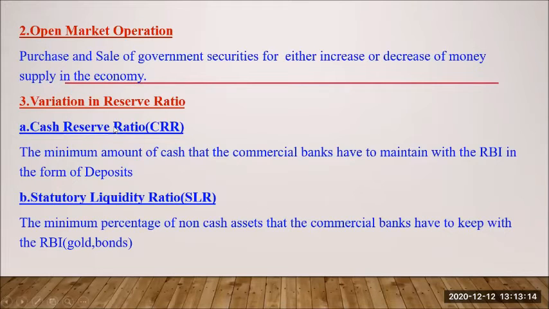Okay, so by increasing or decreasing CRR and SLR, the RBI is able to control the credit creation of the commercial bank, and at the same time control the money supply. When there is higher money supply in the economy, in order to reduce the credit creation of the commercial bank, it will increase the CRR and SLR rates.